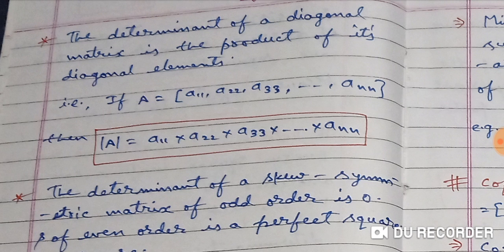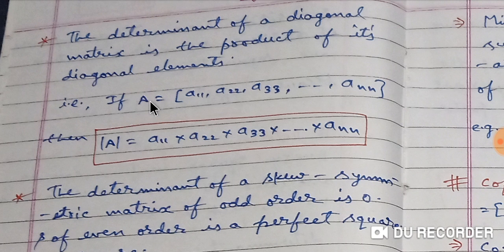So in that case, when we have to find the determinant of a diagonal matrix, we have to just do one thing. We have to just find the product of its diagonal elements. Let's suppose A is a diagonal matrix, with diagonal elements A11, A22, A33, up to ANN.